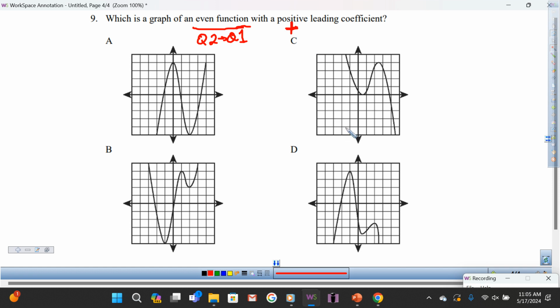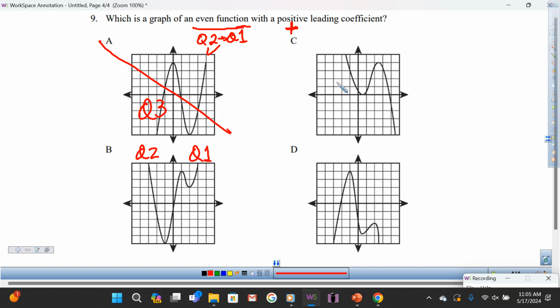So, look at the graph. Look at A. Where does this one start? At quadrant 3. So it's not A. Let's go to B. Where does this one start? Quadrant 2. Where does it end? Quadrant 1. So far this could be it. Look at this one.